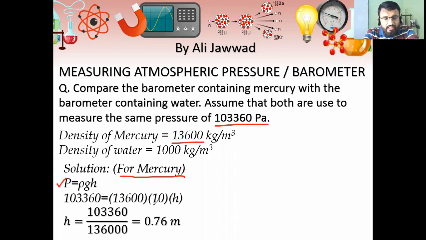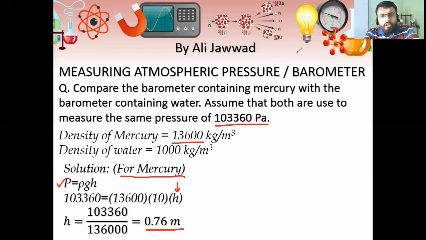The gravity is 10 for the surface of Earth. For those students who are following the syllabus of 2023 and onwards, they need to use 9.8 instead of 10, while height is unknown. When we determine the height, it gives us 0.76 meters. It means that the mercury in the tube will rise up to 0.76 meters.